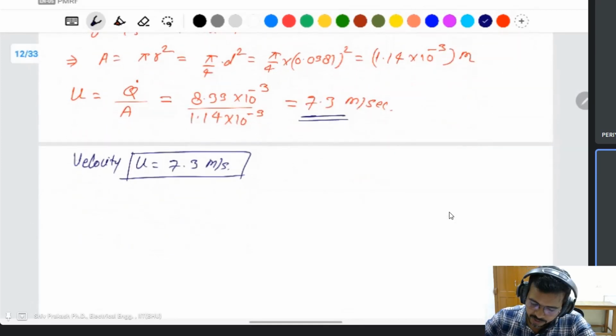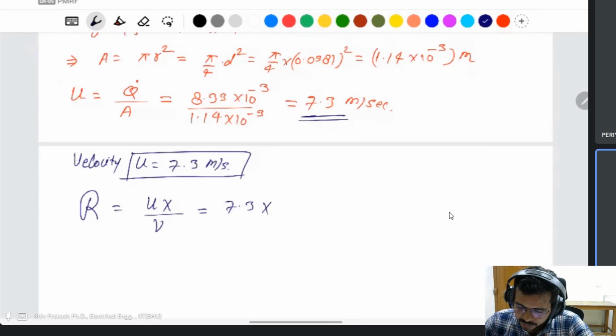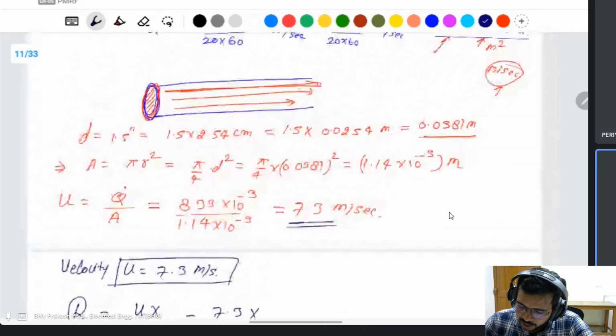Use this here, then calculate the Reynolds number. It will be u x divided by viscosity. This will be 7.3 times x, where x is the diameter. This will be 1.5 inch. I have calculated this one.